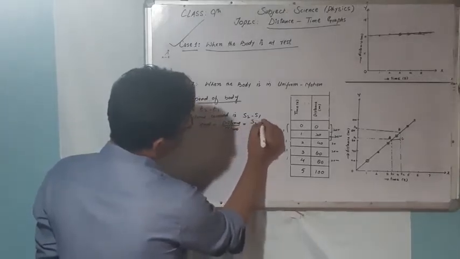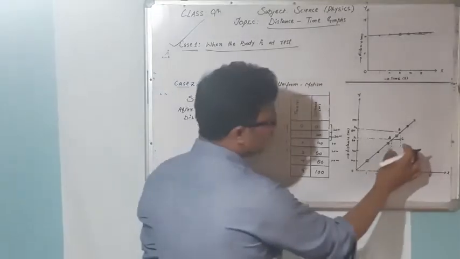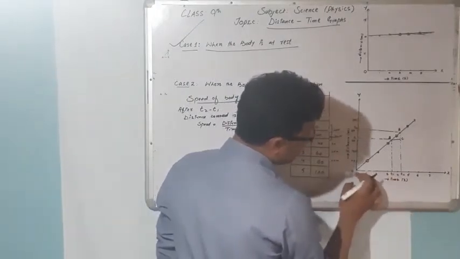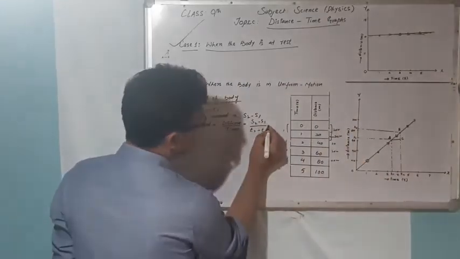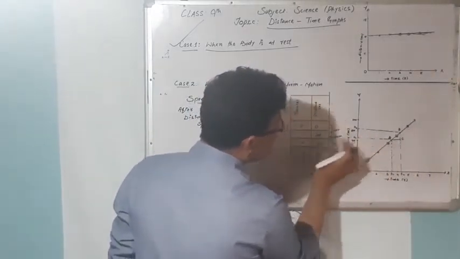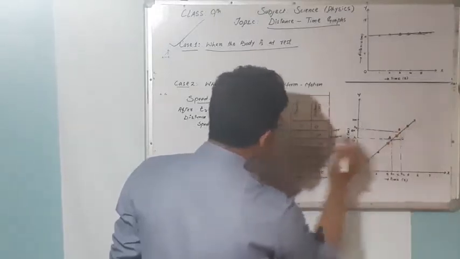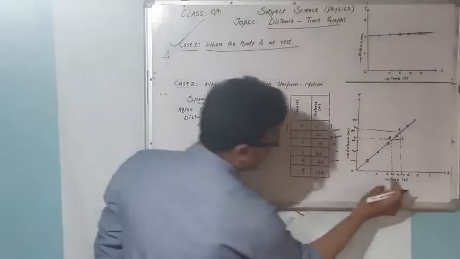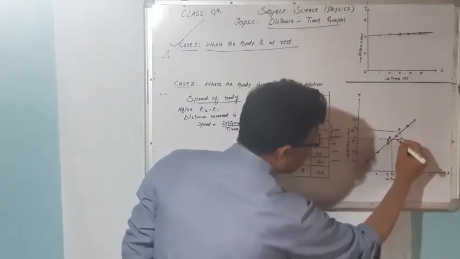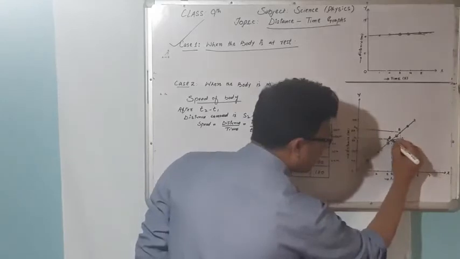The distance covered is s2 minus s1, and the time interval is t2 minus t1. t2 minus t1 means from here to here, and it will be equal to AC. So the time is equal to AC, and the distance after time interval t is s2 minus s1, which is equal to BC. The time interval t2 minus t1 will actually be equal to CA, that is, subtracting this time t1 leaves the interval AC.